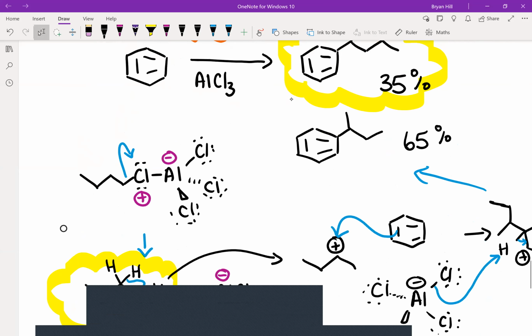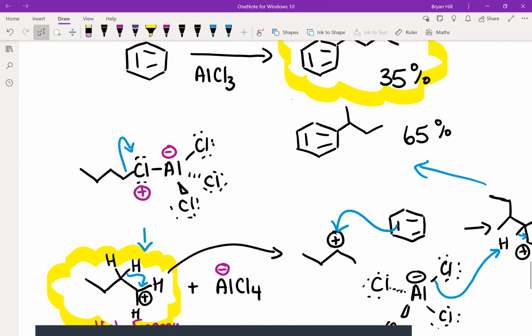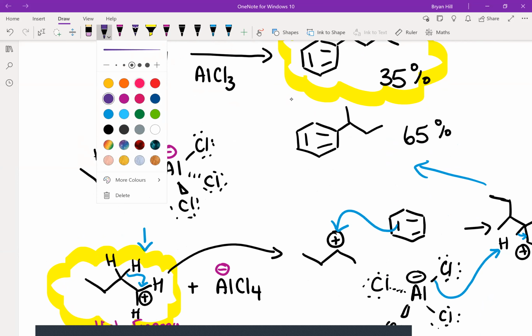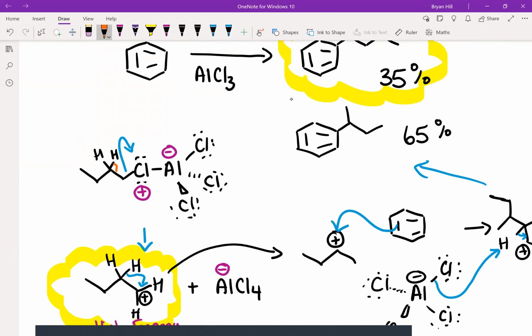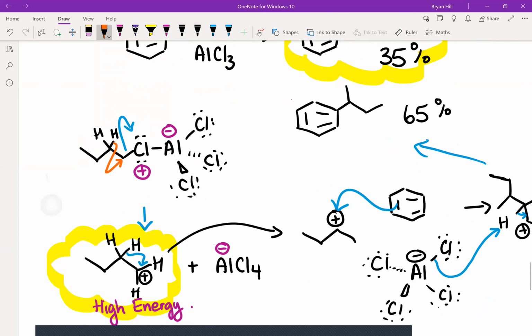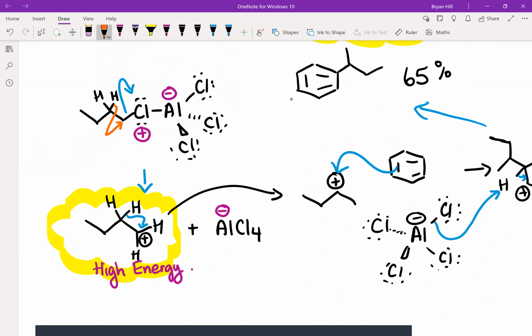I guess conceivably there could be an internal hydride shift at this stage, where this hydride moves over to knock out the chlorine, and that would take you directly to this intermediate here.